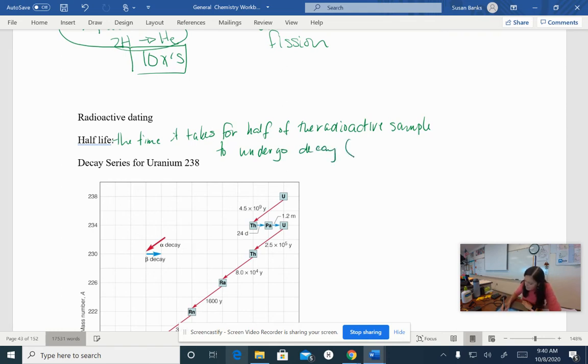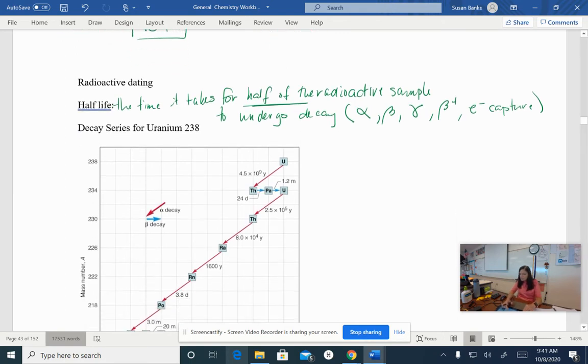And that decay could be alpha, beta, gamma, positron, or electron capture. Okay? Any type of radioactive decay, it will happen randomly, but by the time half of the material undergoes decay, that time that it takes is the half-life.